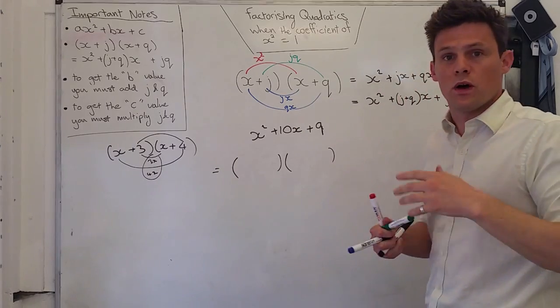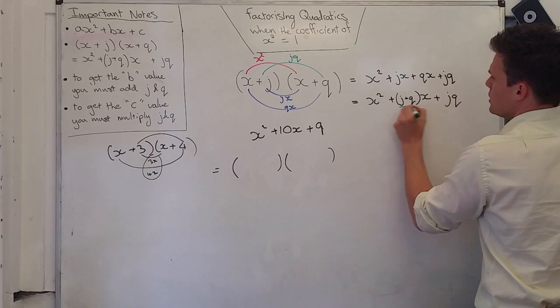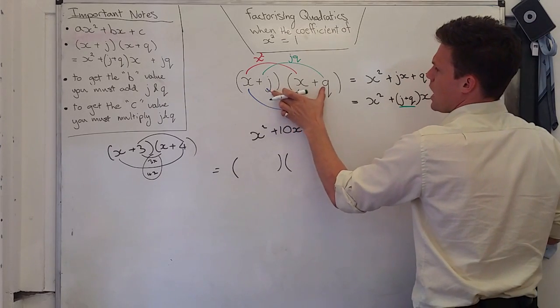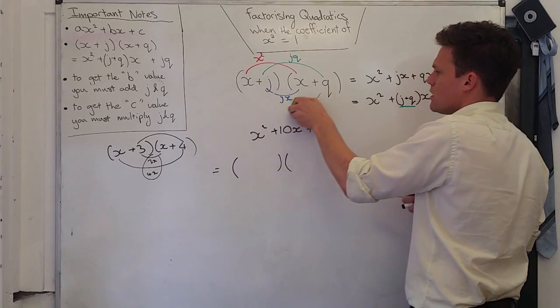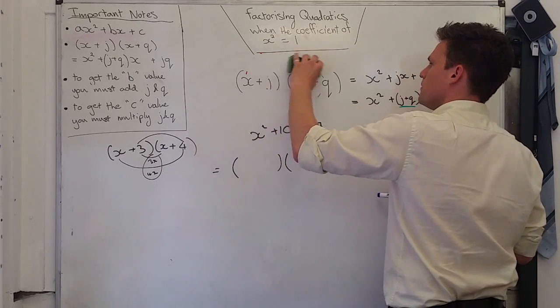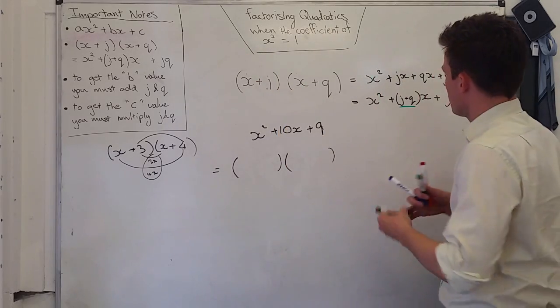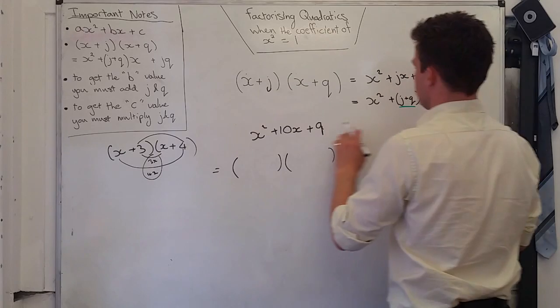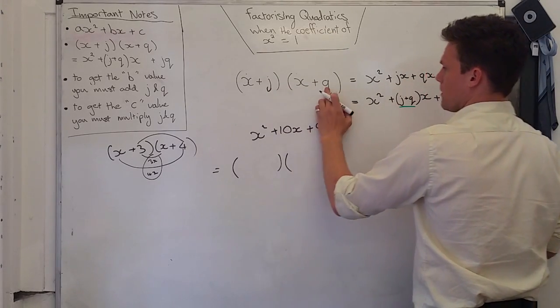So what you'll notice here is that if I refer back to my standard expression for quadratics, my b value is represented by j and q added together. I'm just going to erase these lines here, to make things a little bit clearer. Right? So the number in front of x is represented by adding these two numbers together.